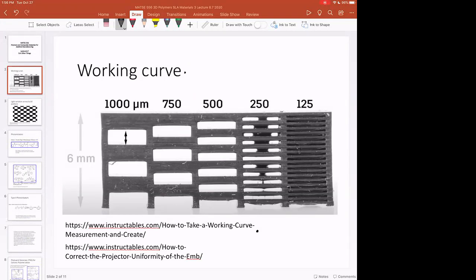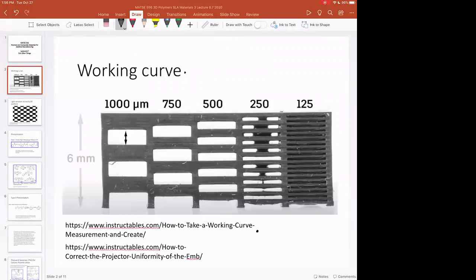And so you don't get to change exposure settings at all. But if you're interested in SLA research or materials research or printing research, this concept of a working curve and establishing the cure of your material in a specific printer is useful. So that's a concept that you should know about.